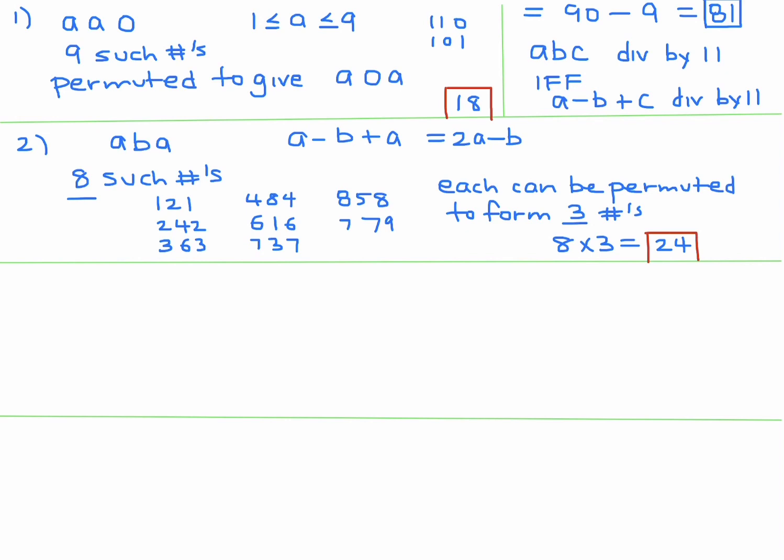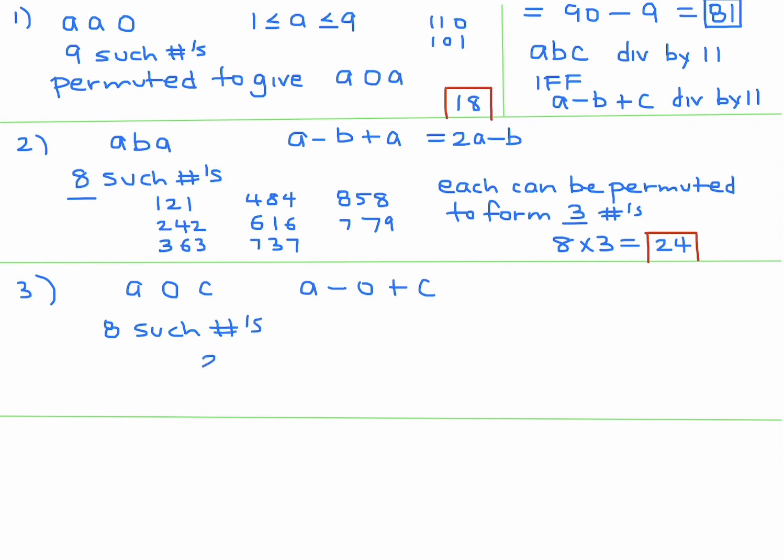Now we get to the next case, which is when the numbers are of the form A, 0, and C. Here, using our formula right here, we get that A minus 0 plus C is divisible by 11. So, keeping that in mind, we can come up with another 8 such numbers.